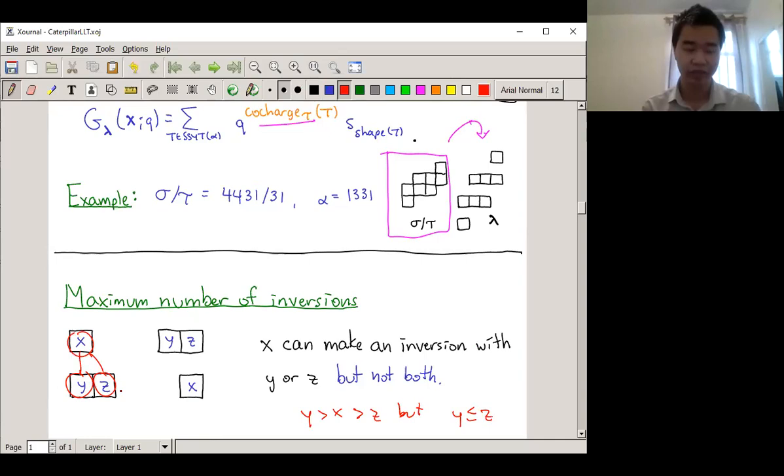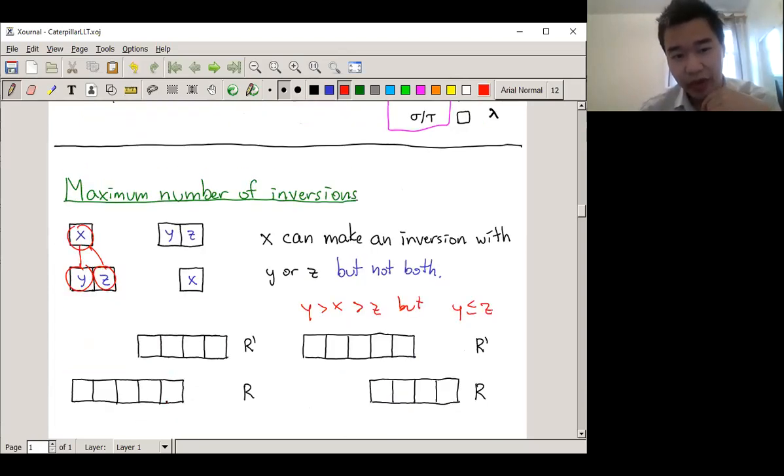So more generally, if I have two rows, I decided to think about the maximum number of inversions that I could have. Since a cell can make an inversion with at most one thing from each row, I couldn't use a cell twice.